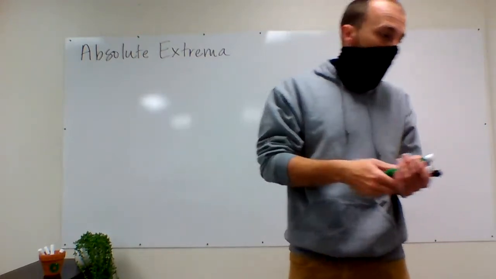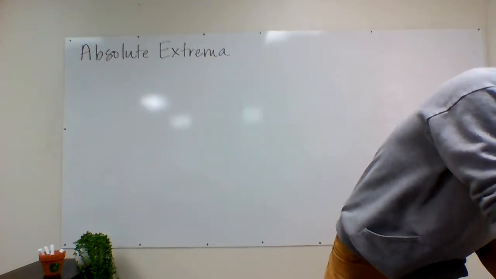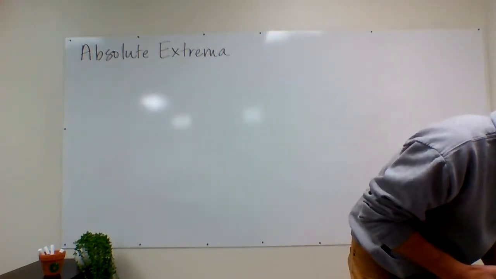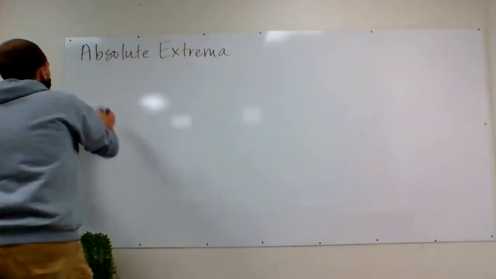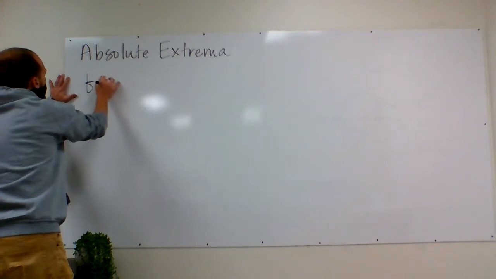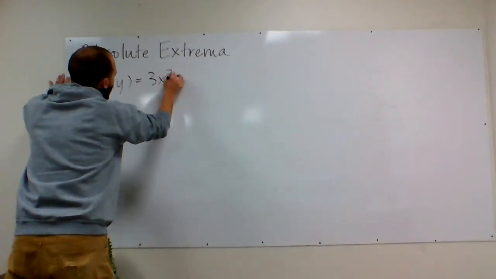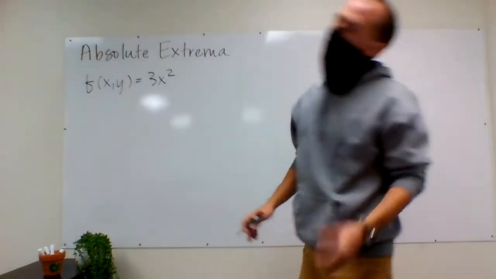So, for example, f of x and y is 3x squared plus 2y squared minus 4y.